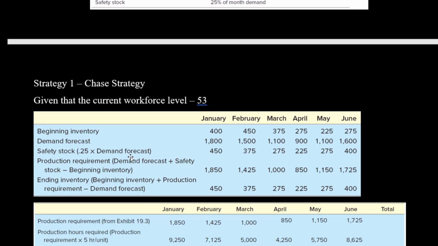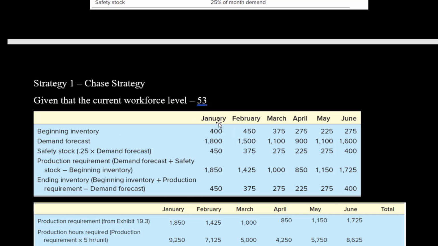So the production requirement for January to meet this demand forecast and safety stock requirement will be calculated as 1800 plus 450 minus what you have currently with you, that is 400. So what you need to produce is 1850, and when you produce this 1850, at the end of January you will be left with 450, which is your safety stock requirement. And the next month we will open with this 450.